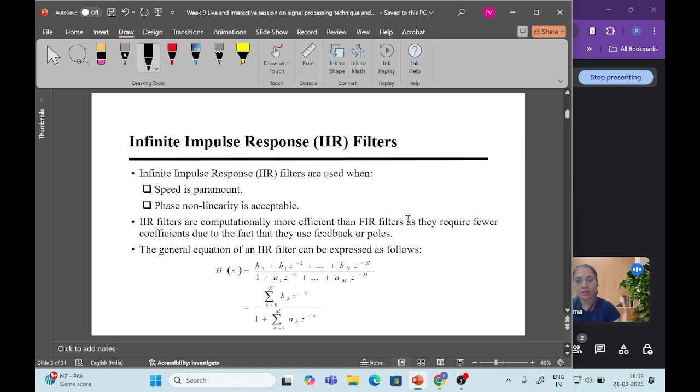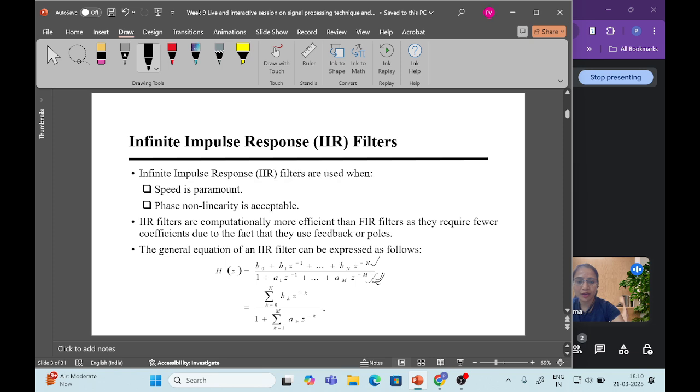The general equation for IIR filter design is H(z) equal to B0 plus B1 z inverse plus till Bn z to the power minus n, in the numerator, and in the denominator 1 plus A1 z inverse plus till Am z to the power minus m, where m is the number of poles and n is the total number of zeros.